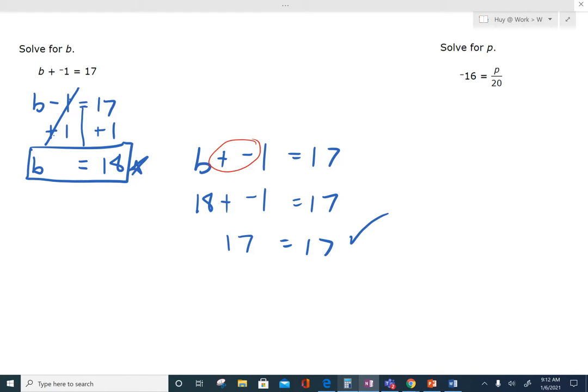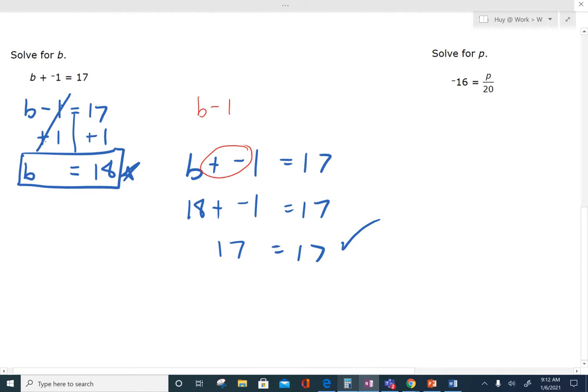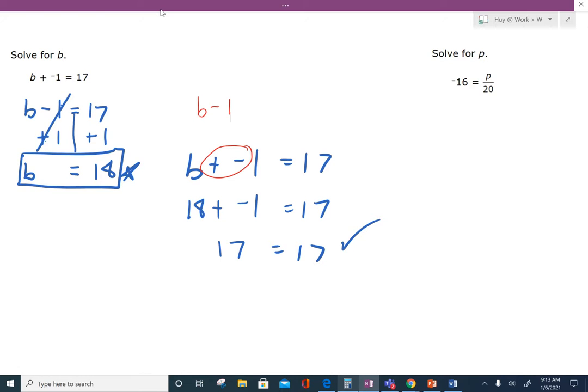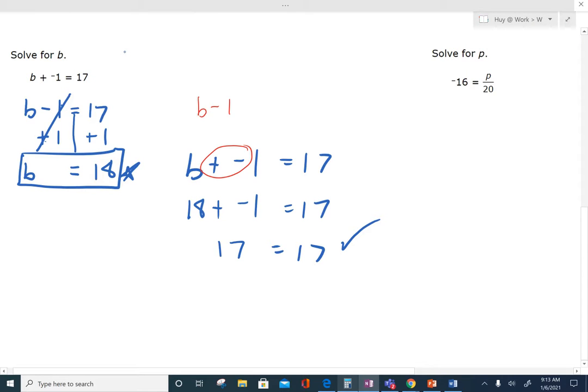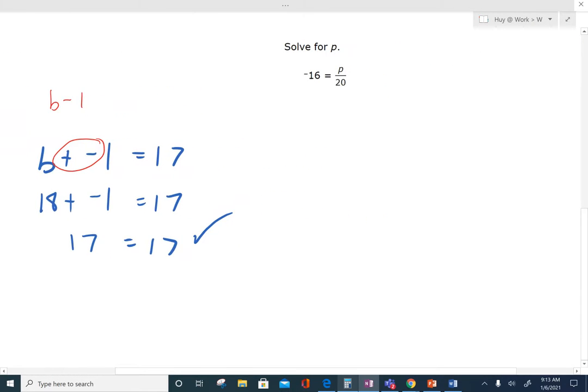I mean, it's okay, but if I were to solve it, it just makes more sense to rewrite it as b minus 1 instead of b plus a negative 1. All right, and that only works if you have a plus a negative number. If you're going to add a negative number, it's the same thing as subtracting that number. Because a negative and a subtraction, you can think of it as very similar, it's the same.